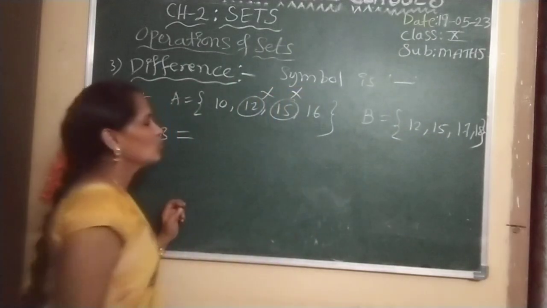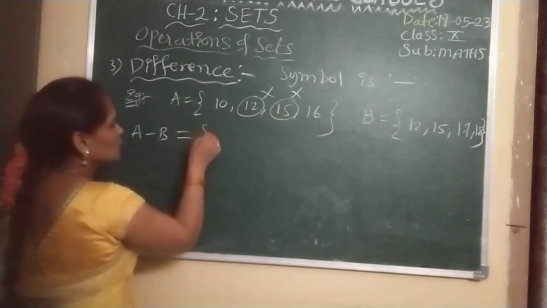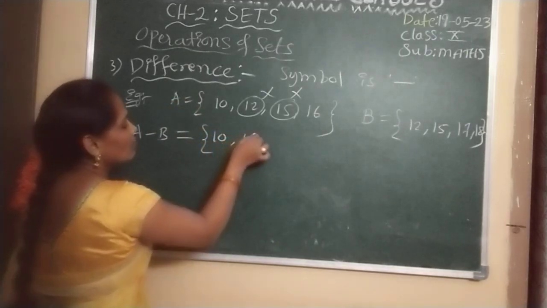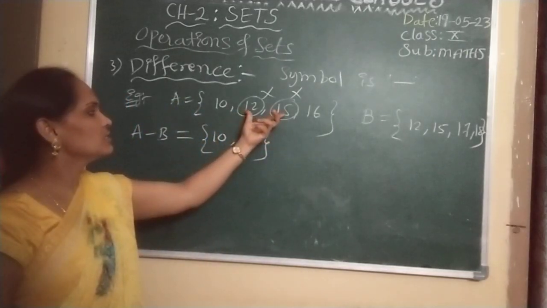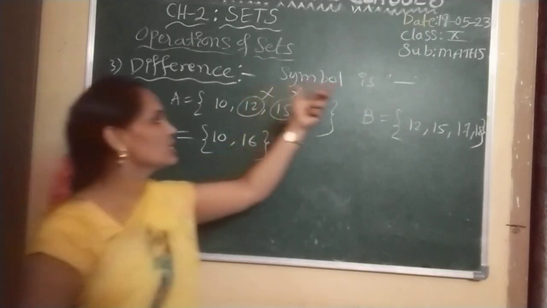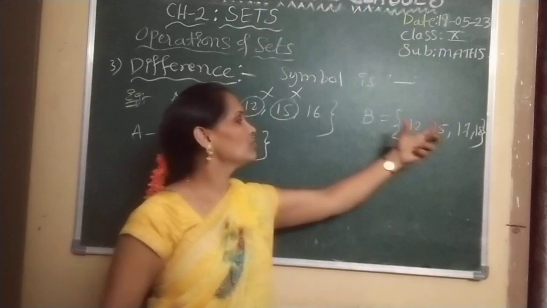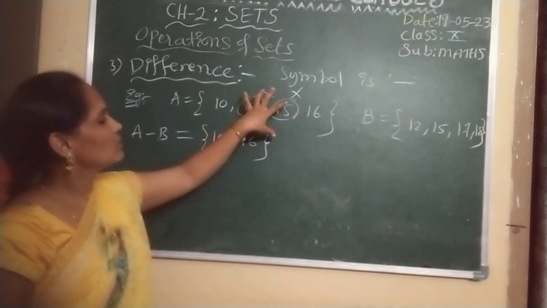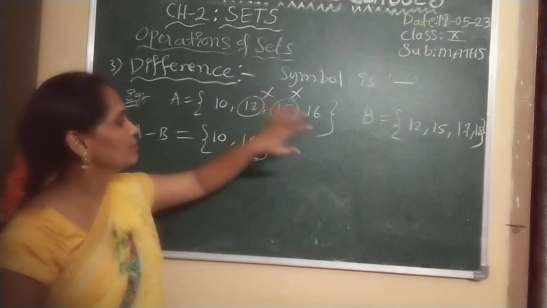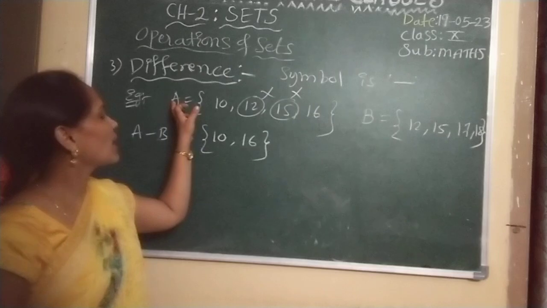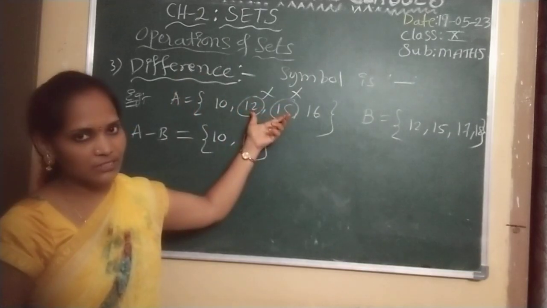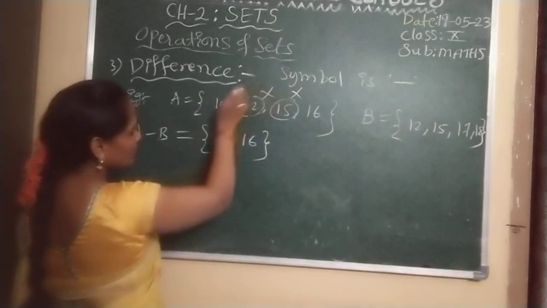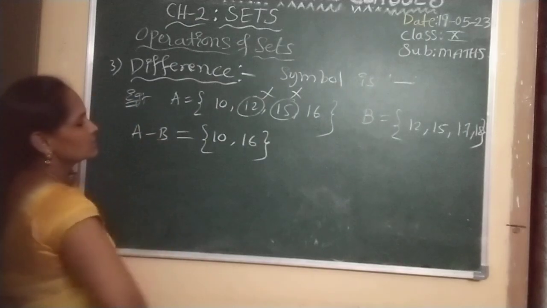You can remove these, and remaining numbers which are there in set A you can write: 10, 16. Why are we not taking these numbers? Because these numbers are there in set B. Those numbers we cannot consider, just the remaining. Whatever numbers are there in B, you can subtract from A. So just remaining only you can write, that is A minus B.